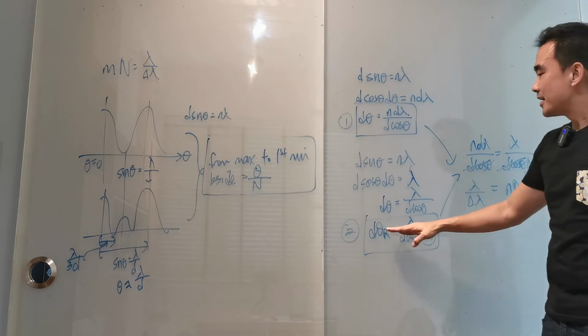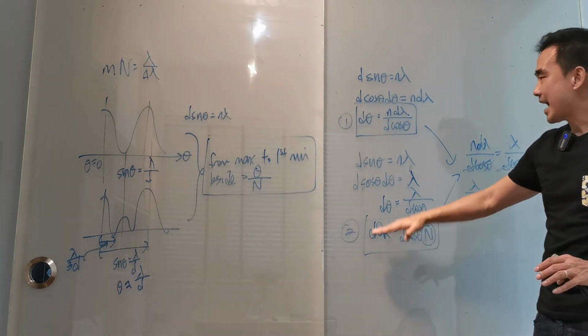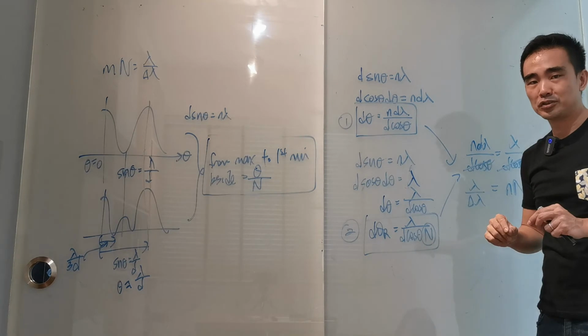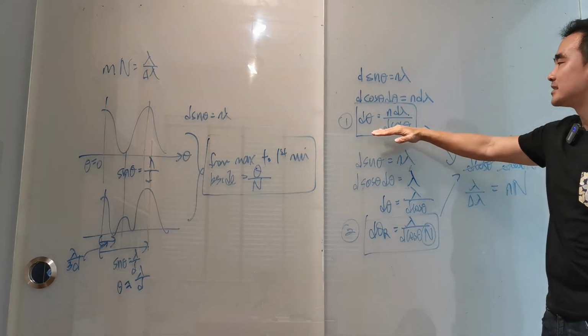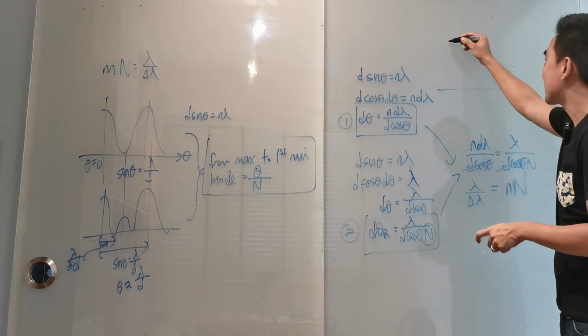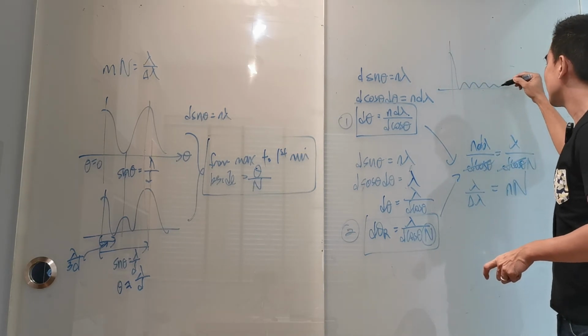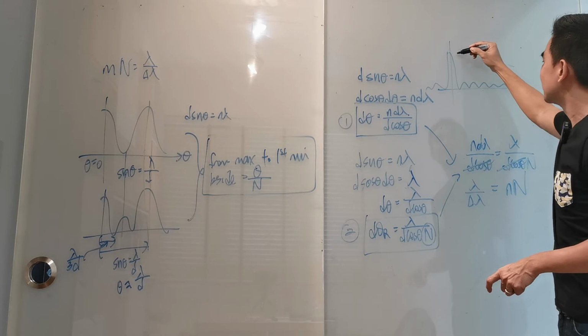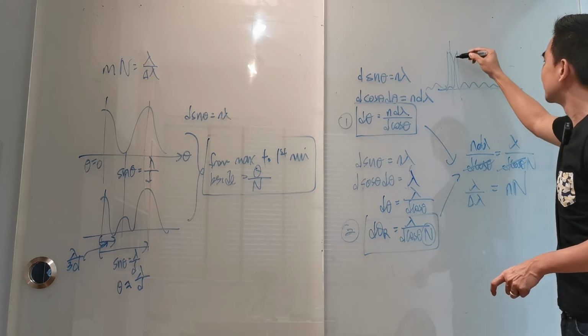So therefore, by Rayleigh's criterion, this has to be equal to this when it is just resolved. Why? This is the angle between two separate maximas. If I have one maxima forming this, I have another maxima coming in to form this.